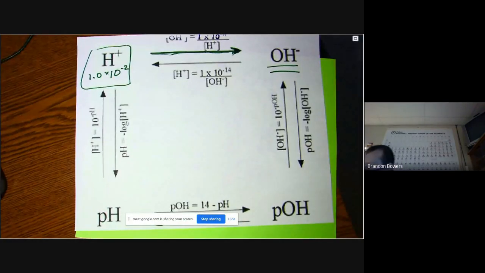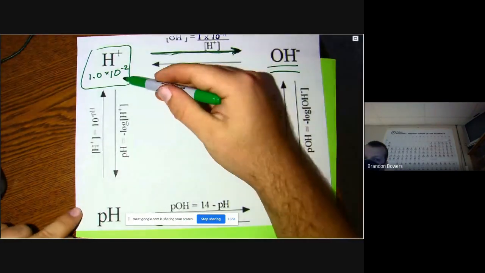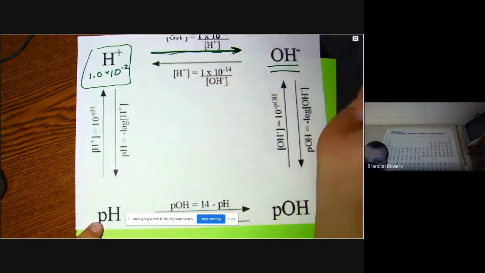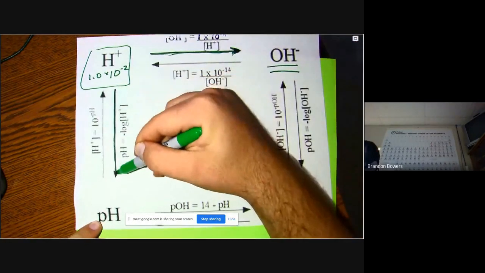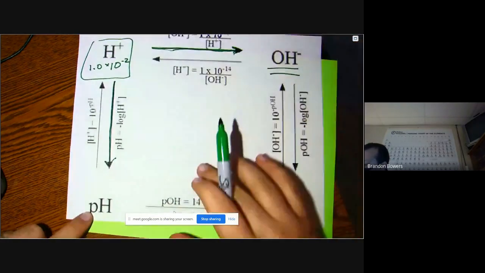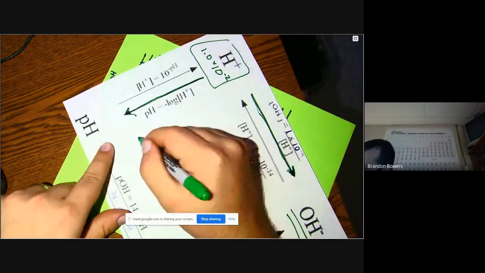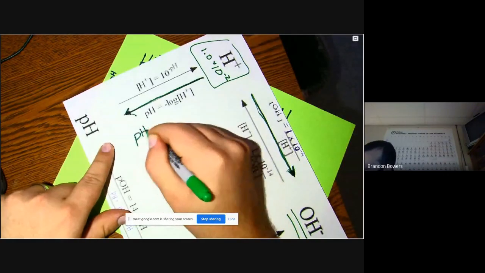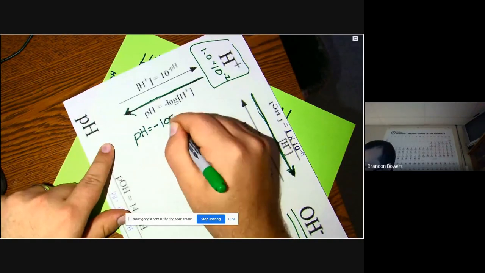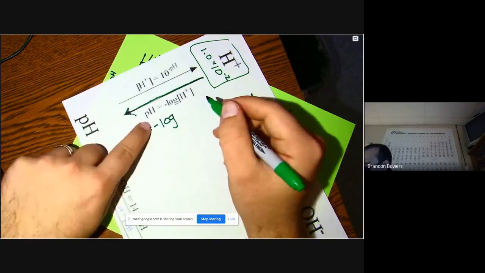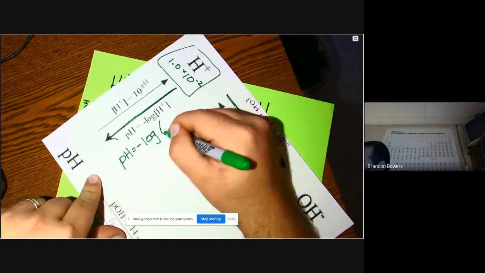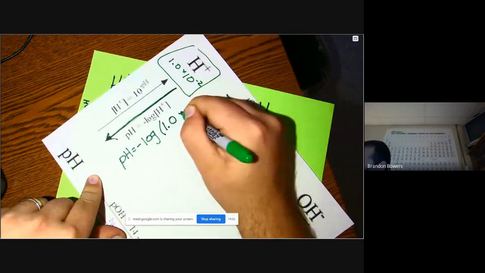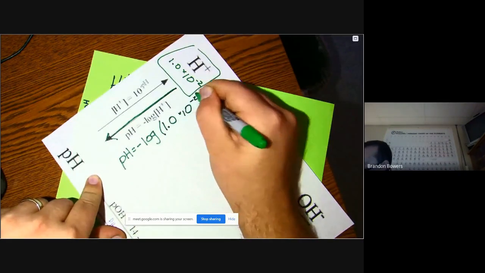I know this number. I have to get the pH. So I'm going to take the down arrow. My equation is pH is equal to the negative log of whatever my H number is. My H number is 1.0 times 10 to the negative second.